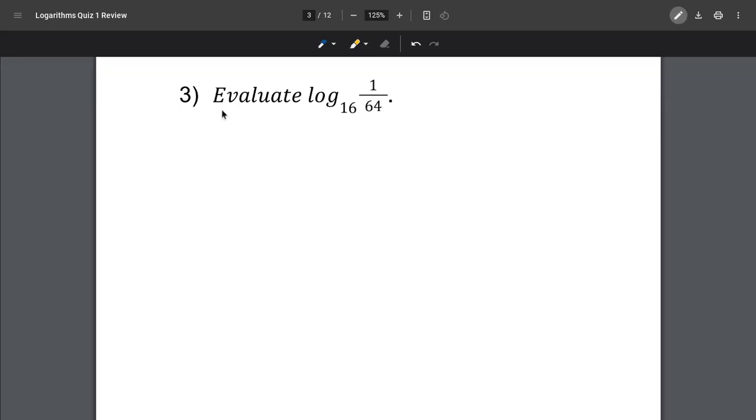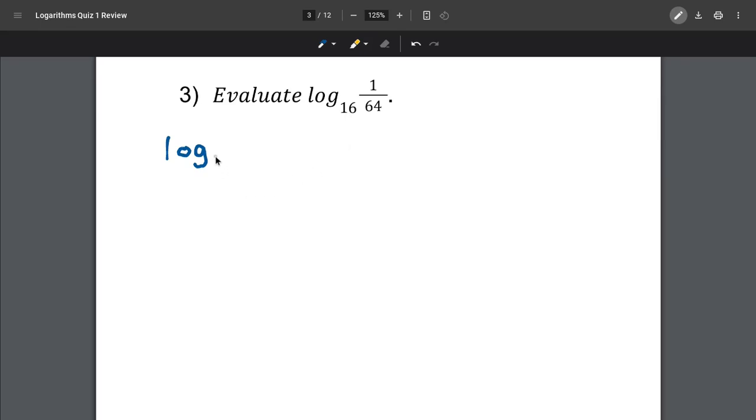All right, so this next one, problem 3, we're going to evaluate the logarithm with the base of 16 of 1 over 64. So what I'm doing here is finding the numerical value for this. So I'm going to use the change of base rule. So I'm going to say log, and I want to pick some number that I can multiply by itself that will equal 64 and 16.